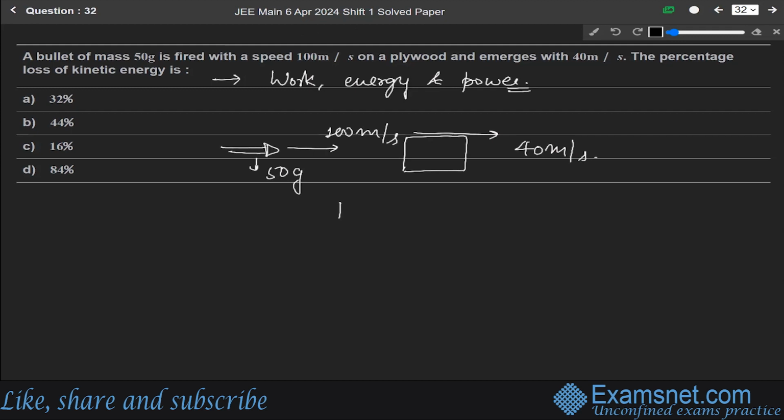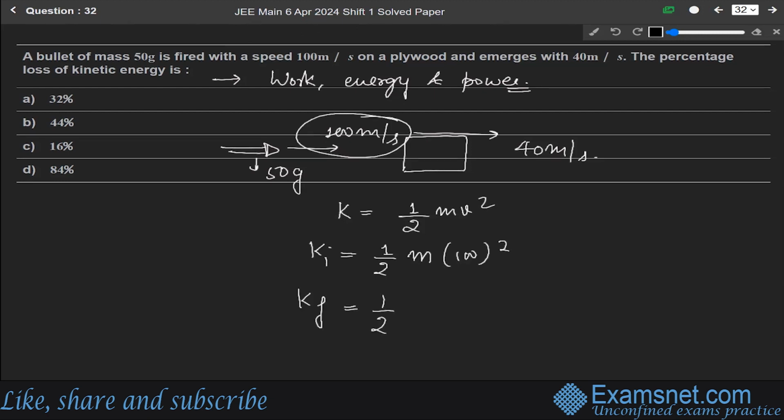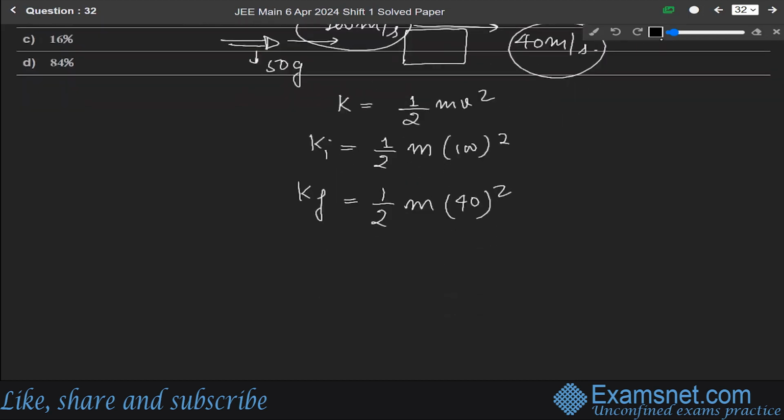So we know that kinetic energy is half mv square. Initial kinetic energy Ki equals half m times 100 square, since initially the velocity is 100 meter per second. And final kinetic energy is half m times 40 square.